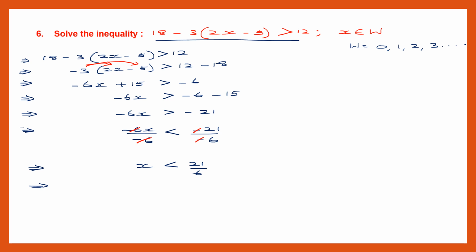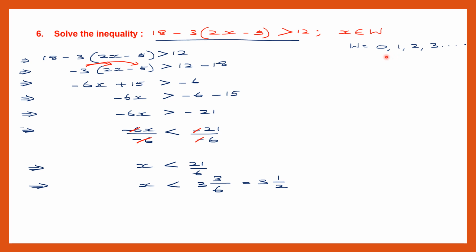That means x is less than, how much is 21 by 6? 6 threes are 18, 19, 20, 21, 3 by 6. 3 by 6 is 3, 1 by 2. That means x is less than 3, 1 by 2. So what are all my whole numbers that are less than 3, 1 by 2?